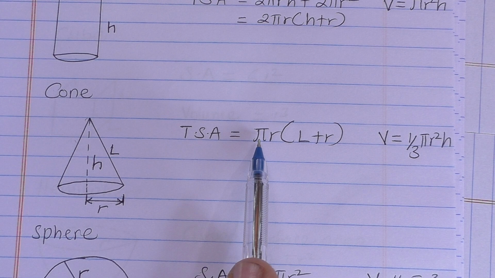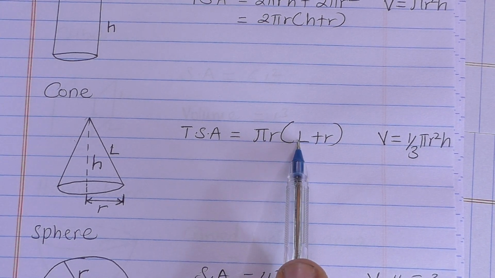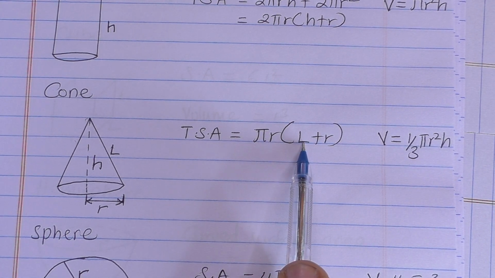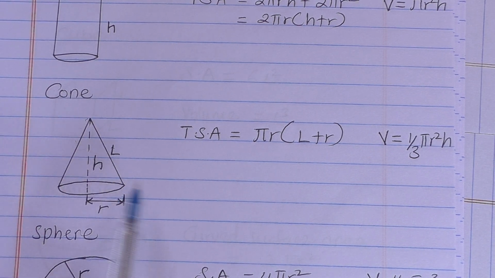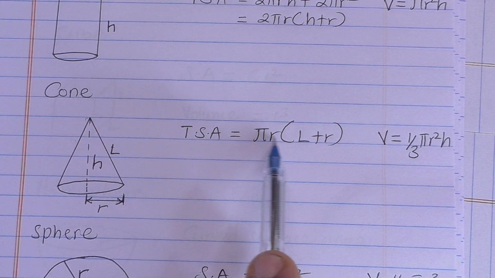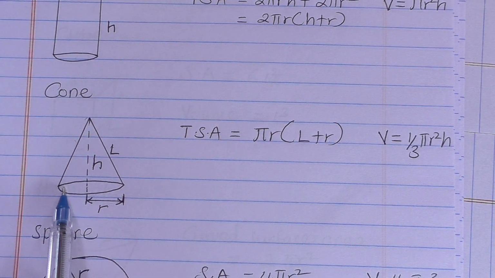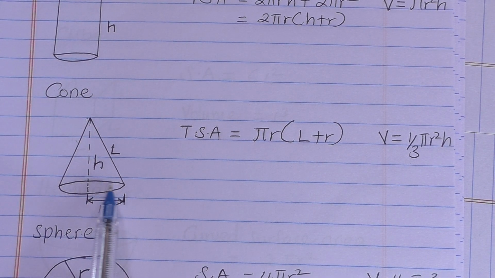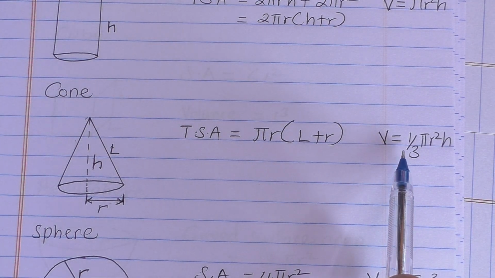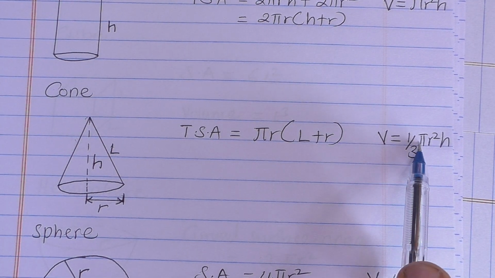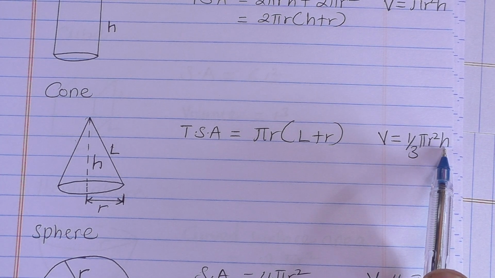That's why we have pi. When you open a bracket here, we shall get pi r L, that's the area of this slanting part, and then we get pi r squared, which is the area of that circle. Then its volume is gotten by a third pi r squared h.